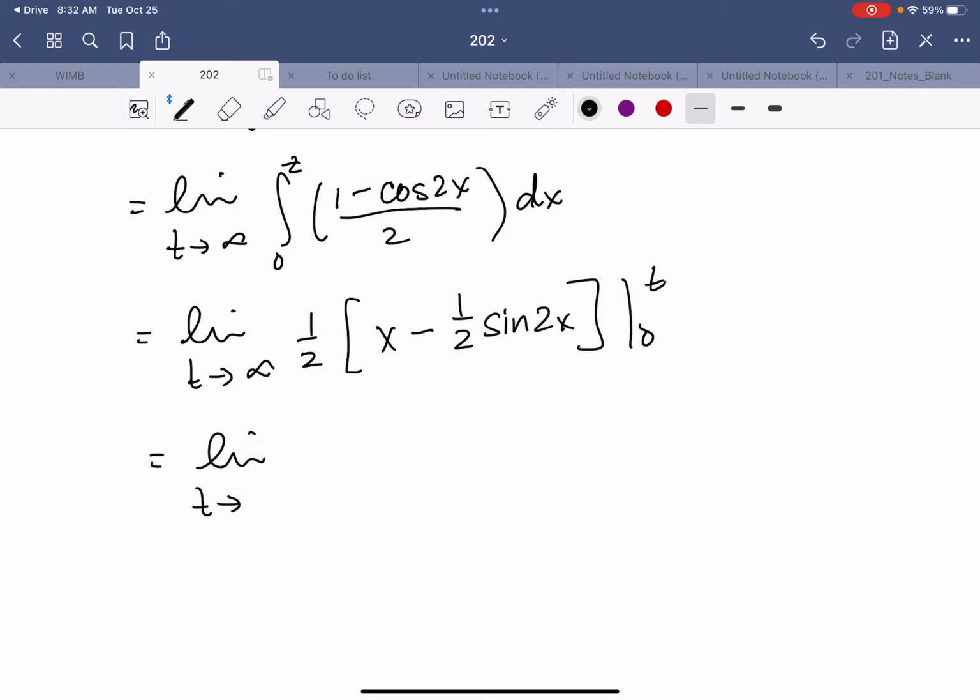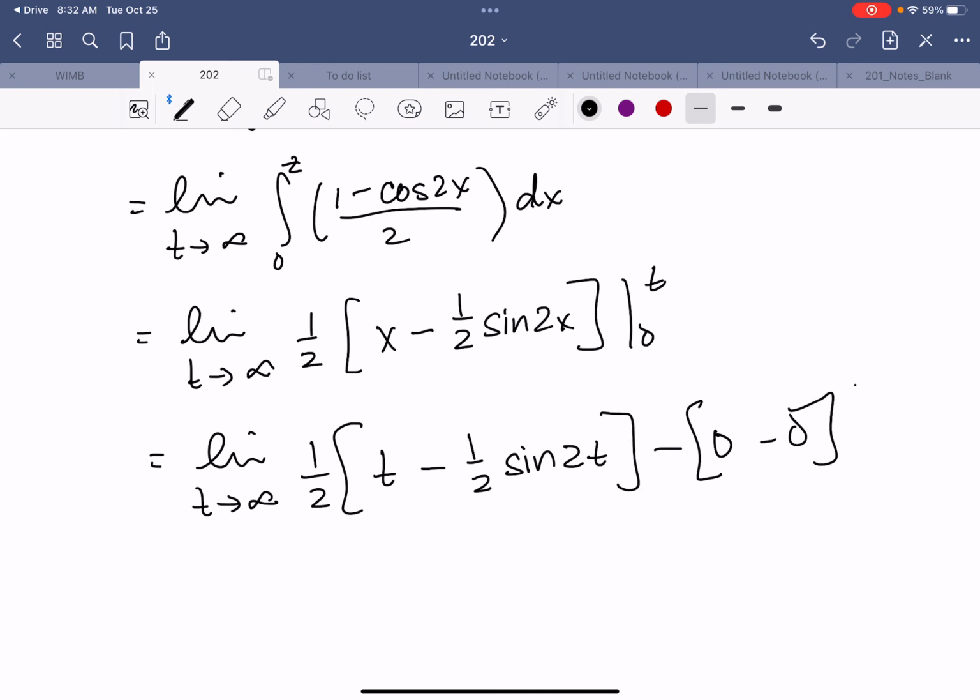And the limit as t goes to infinity of 1/2 times, when you plug in t, you get t minus 1/2 sine 2t, minus, when you plug in 0, that's 0 minus 0, right? So that's all 0. So then you're taking the limit as t goes to infinity of 1/2 t minus 1/4 sine 2t.